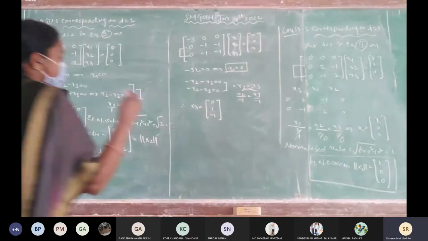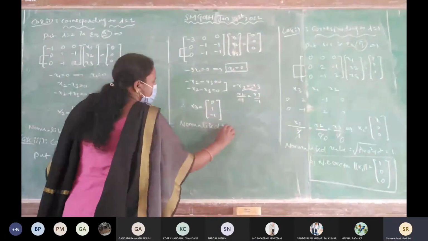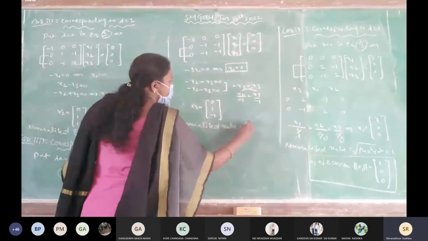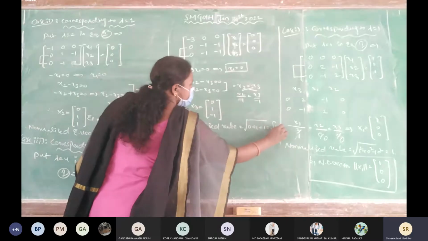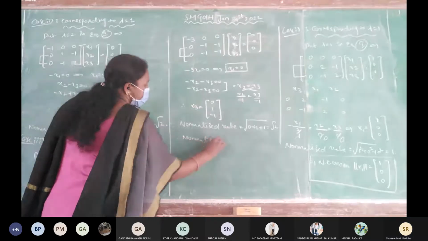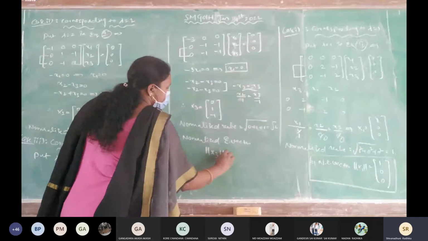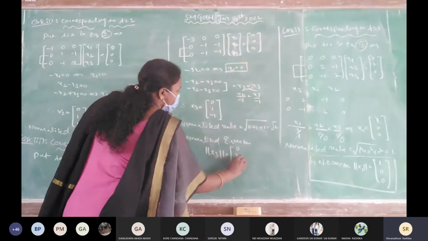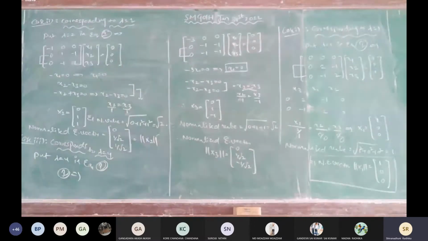Normalized value is under root of 0 plus 1 plus minus 1 whole square, which is also 1, so that is also root 2. Therefore, the normalized eigenvector, norm x3, equals 0, 1 by root 2, minus 1 by root 2. All three normalized eigenvectors are completed. Step 3 is completed. Is it clear?